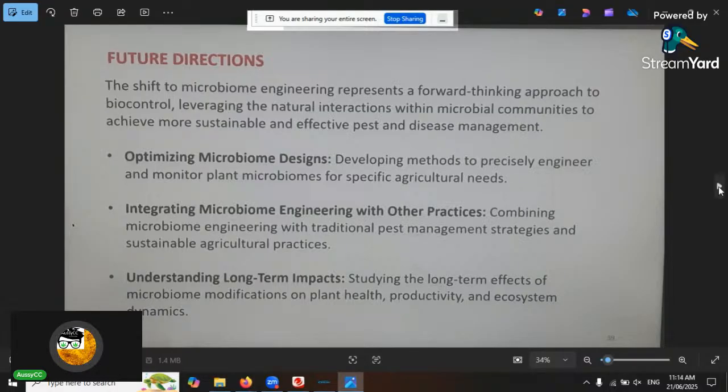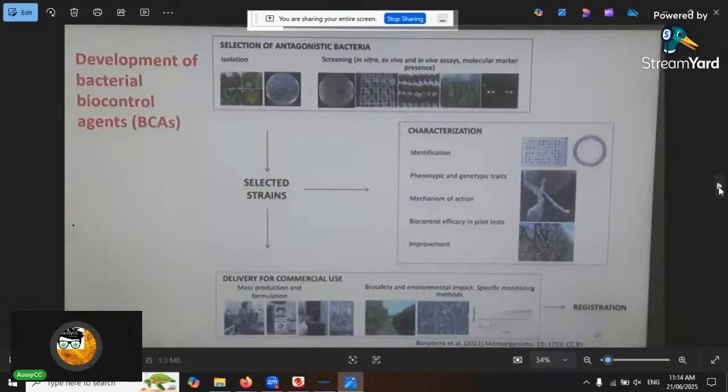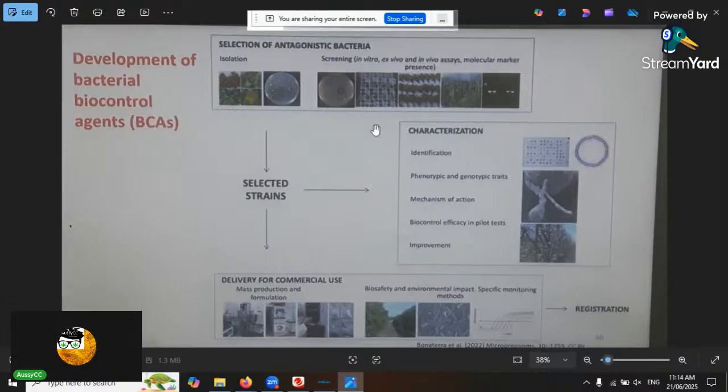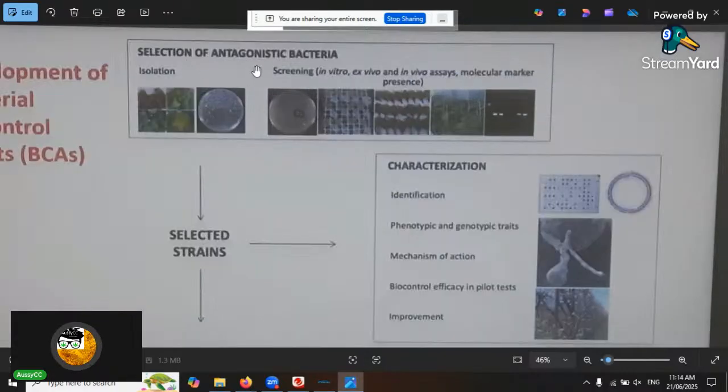So if you can really do a few of those things, you're up there with the leading scientists in what they're doing to try and move forward. Development of bacterial biocontrol agents. So how do you develop them? How can you reproduce them? This is a rad bit. Selection of antagonistic bacteria.